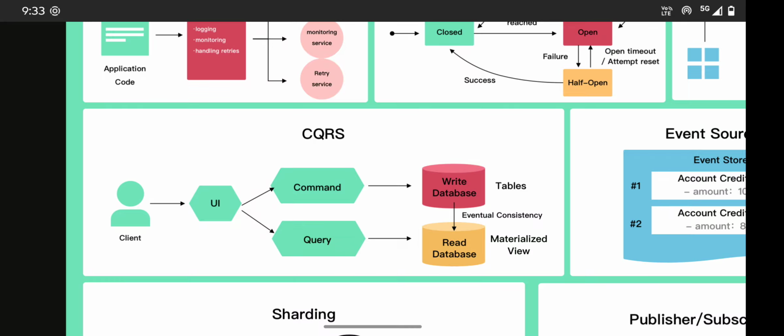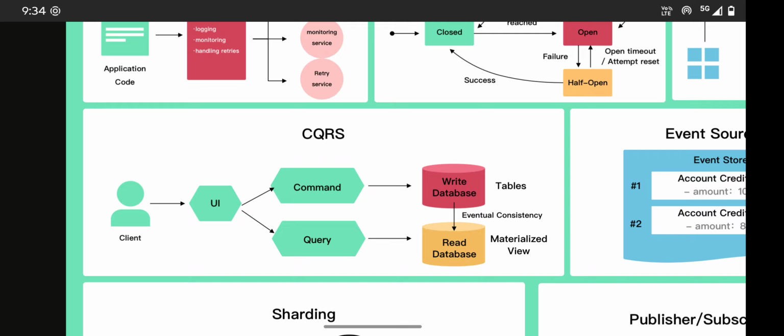I'm going to talk about CQRS, Command Query Responsibility Segregation. See, the thing here is, whenever you are writing data in distributed systems, you need to separate both writing and reading, because you are working with multiple clusters of nodes, not a single cluster here.